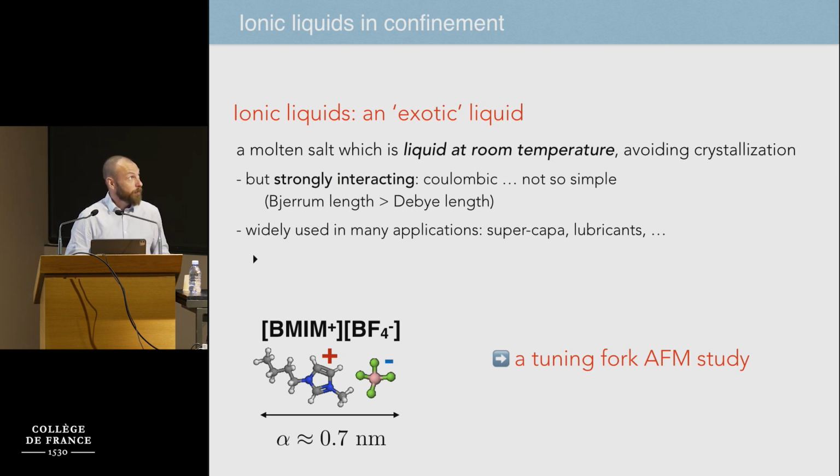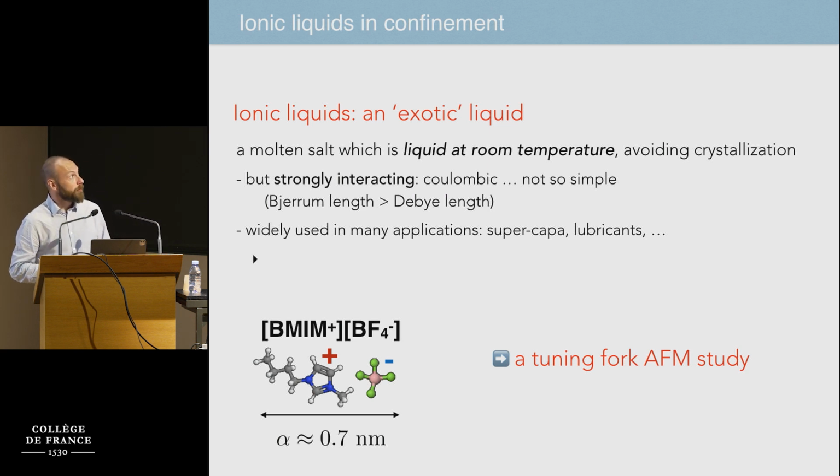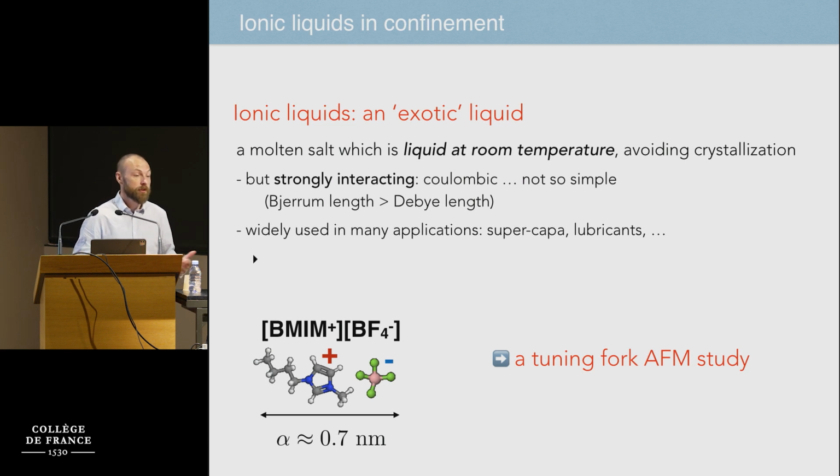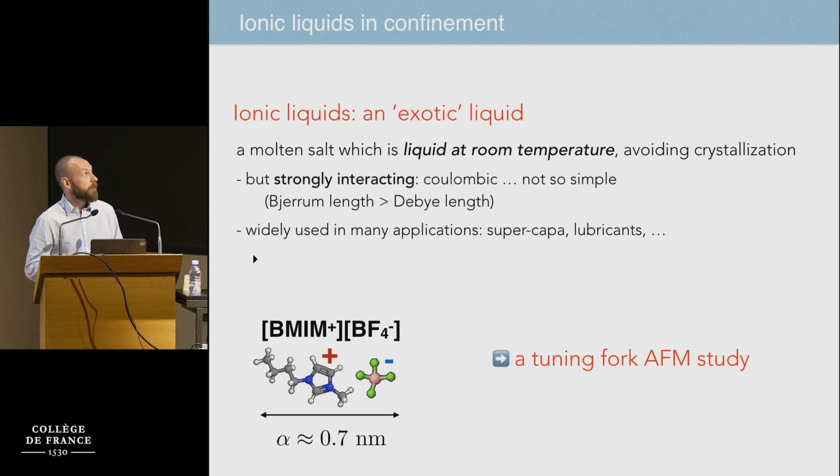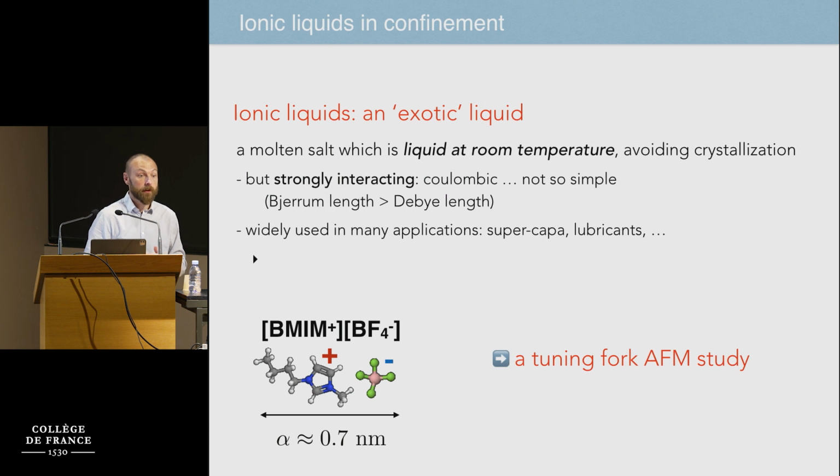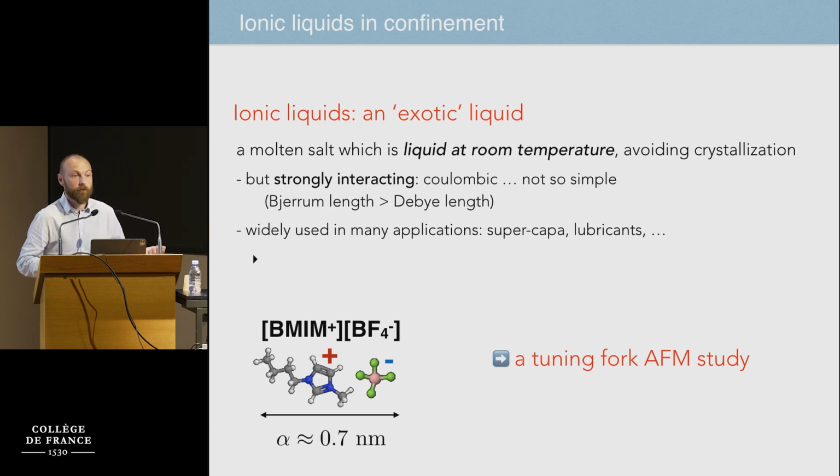So if from an experimental point of view it's quite a good material, from a fundamental point of view it is also quite interesting, because since it's only charges, the physics that governs this liquid is basically electrostatics. It is also used a lot in applications, for example in energy storage, as an electrolyte for supercapacitors, but also for its mechanical properties as a lubricant.